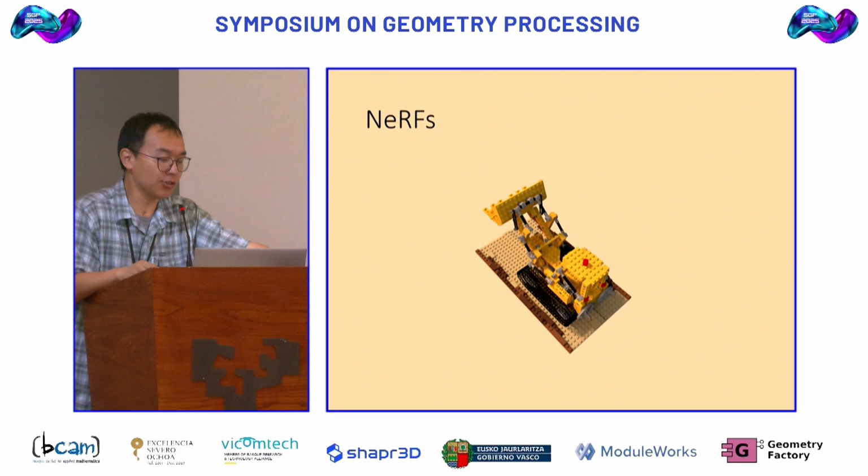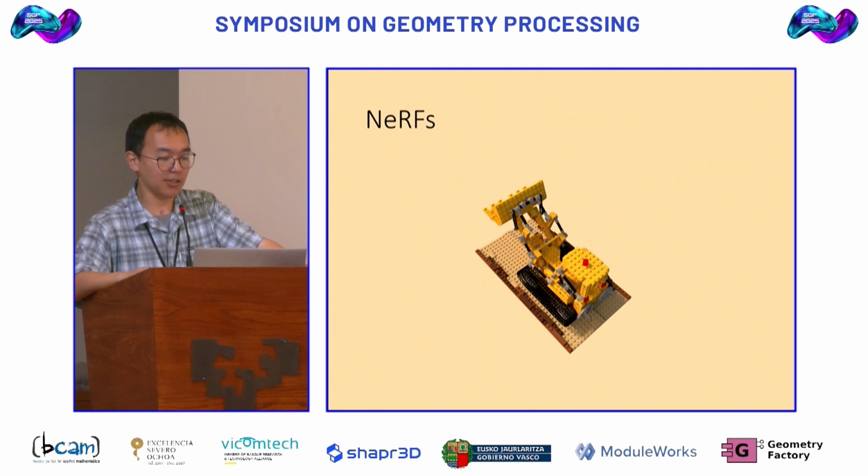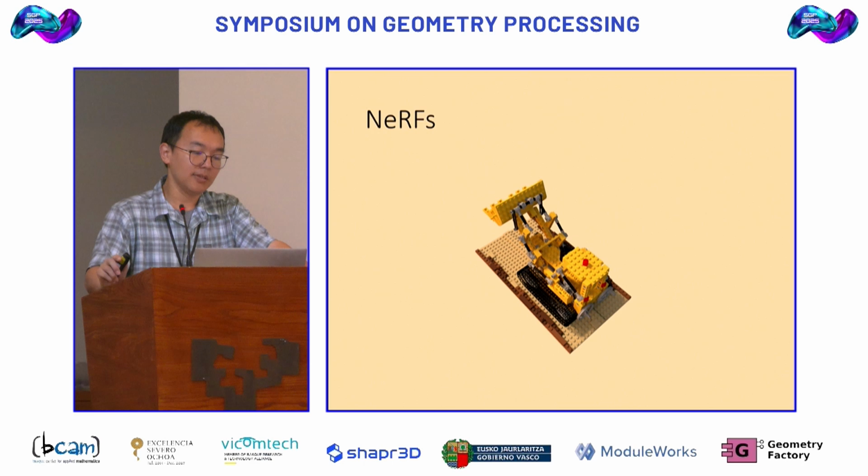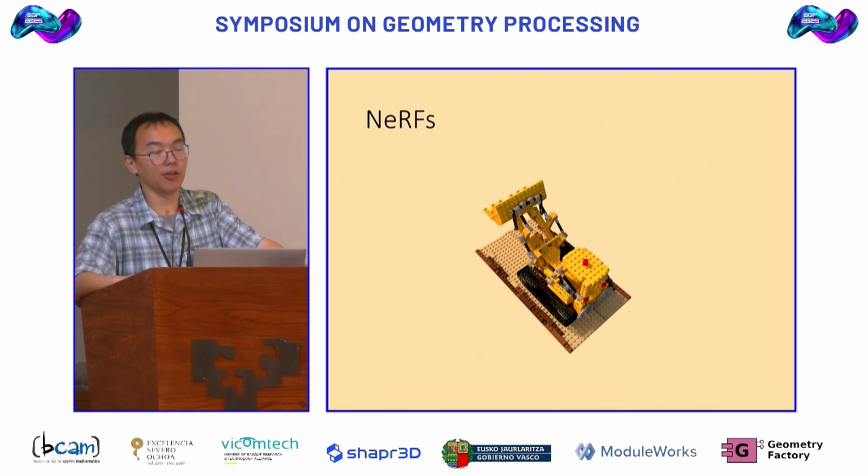NeRF is used for novel view synthesis. You reconstruct a new representation, then you want to render this new representation for novel views. So the standard way to do this is that you have multiple images, you reconstruct a textured 3D model, then you can render the textured 3D model for novel views.